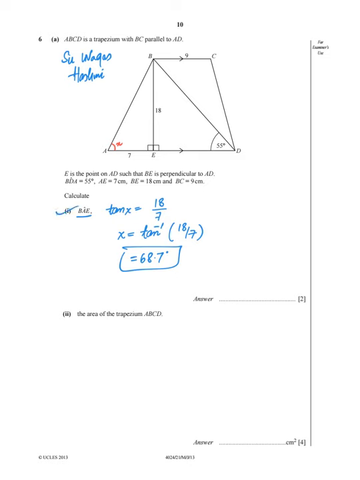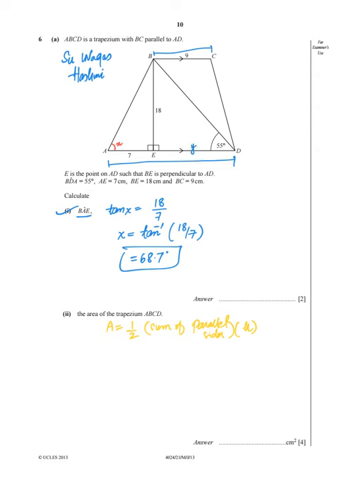After that, it says the area of trapezium. The working formula is area equals 1 upon 2 times the sum of parallel sides multiplied by height. That is the working formula, right? So the parallel sides we have are the length of AD and the length of BC. For the length of AD, first we need to find the length of ED, and let's suppose I refer to the length of ED as y.